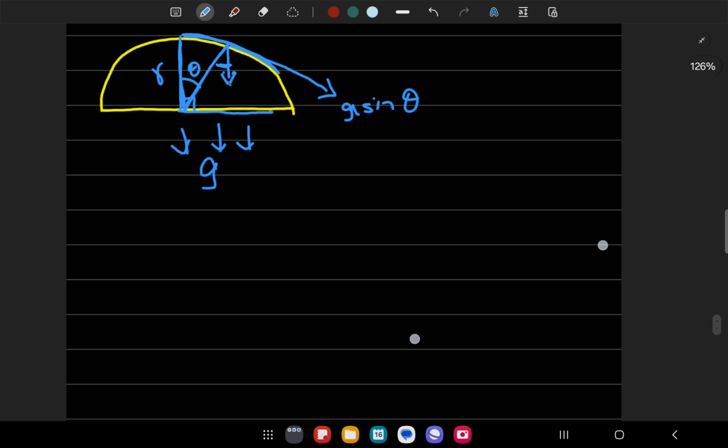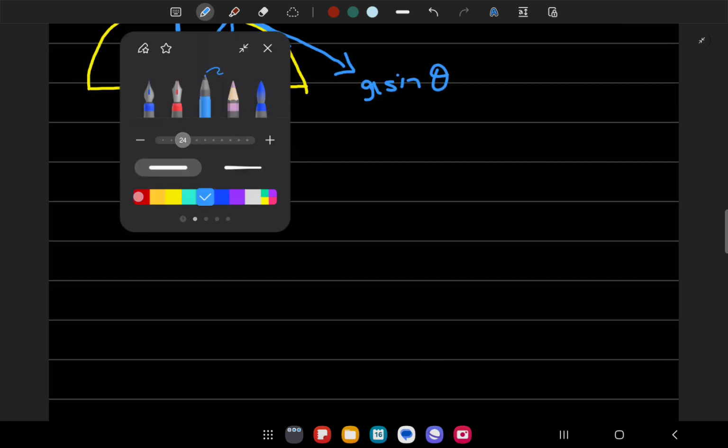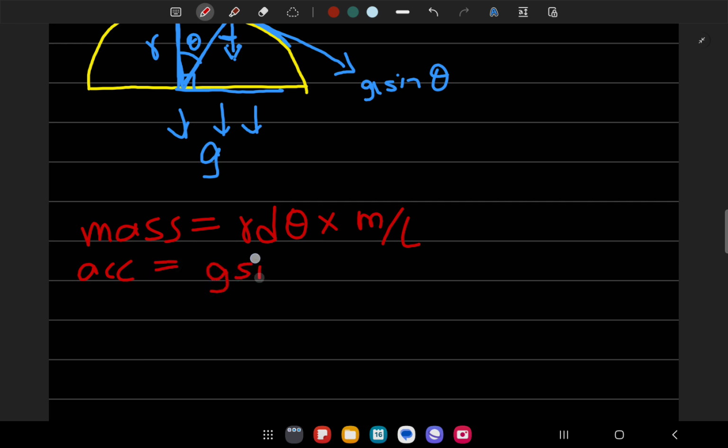We got the mass of the small length, that is r d theta into m by L, and the acceleration of the small element of rope, that is g sine theta.